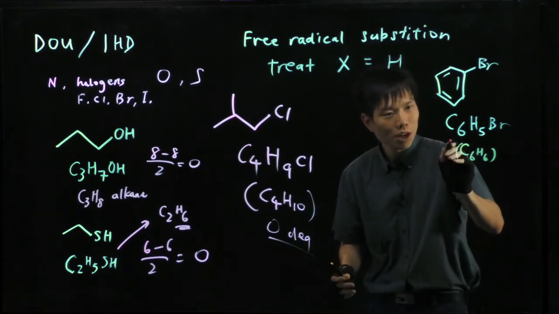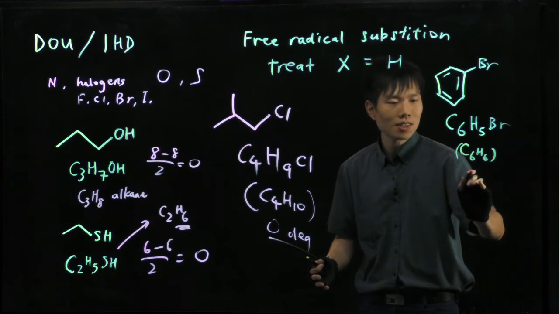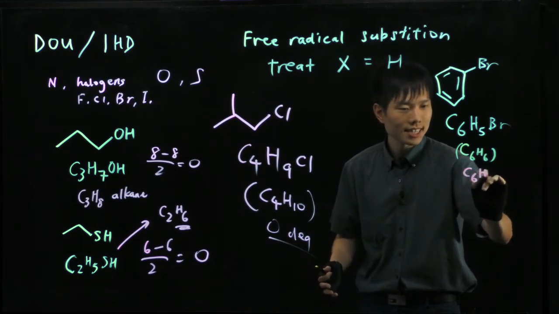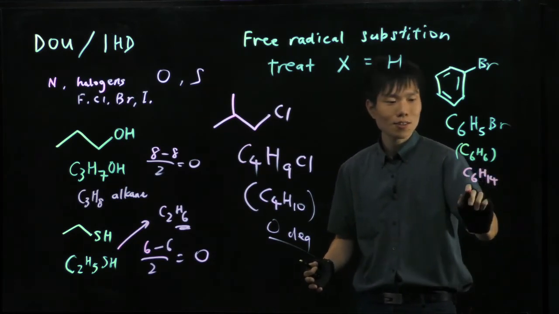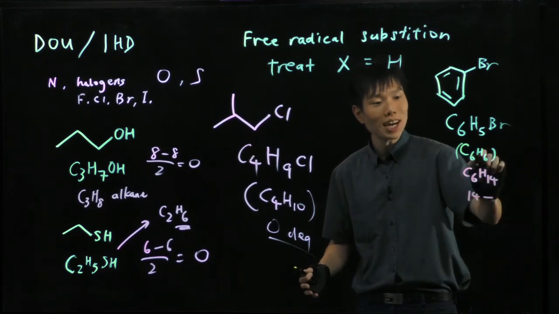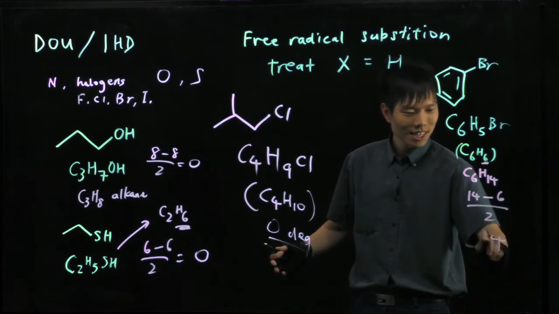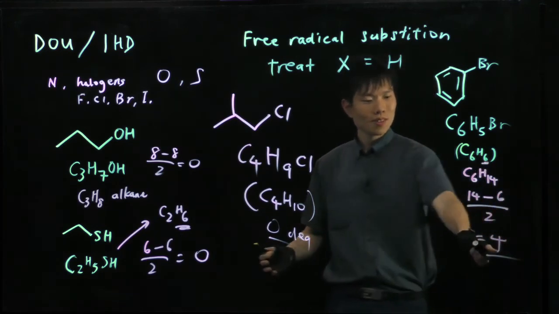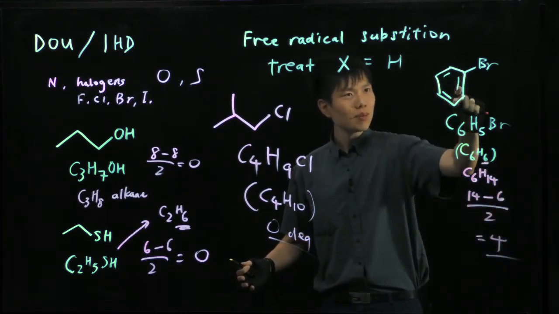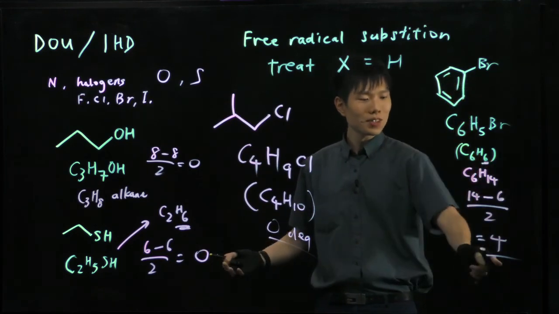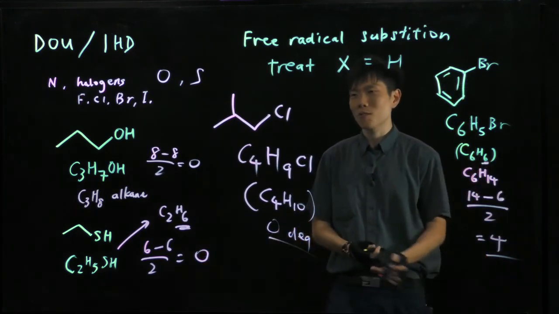So looking at the formula for the alkane with 6 carbon, a hexane, this gives us 14. 14 minus what we really have now, which is 6, divided by 2. Indeed, we have 4. 1 ring plus 1, 2, 3, 3 pi bonds give you 4 degrees of unsaturation.